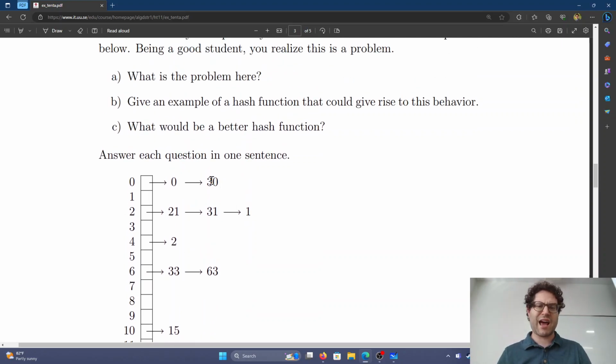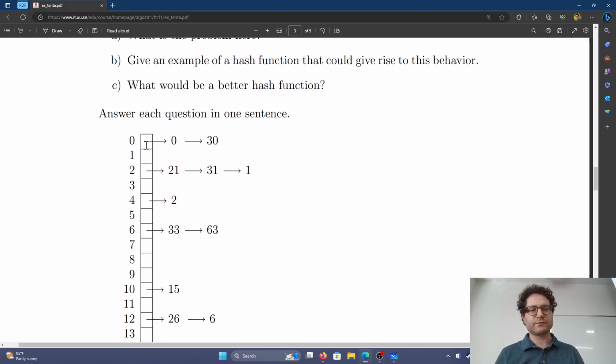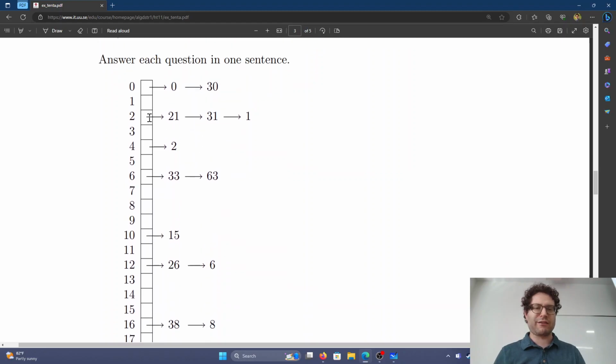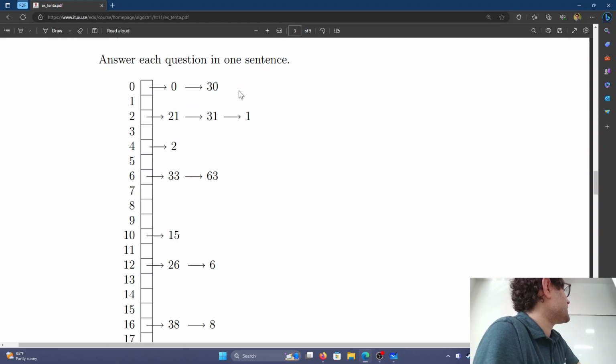So what is a hash function that could give rise to this behavior? Okay? We've got to figure out something common with all of these elements. Just to give you a hint, if we look at the ones place for all the digits, everything with the same ones place ends up in the same slot.